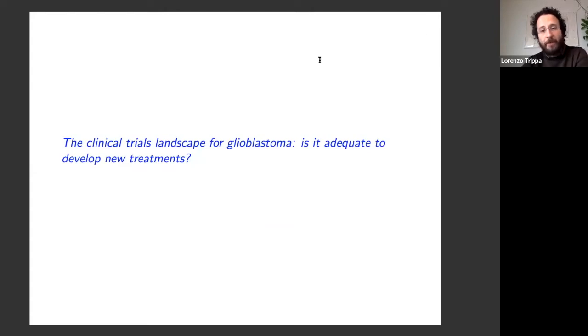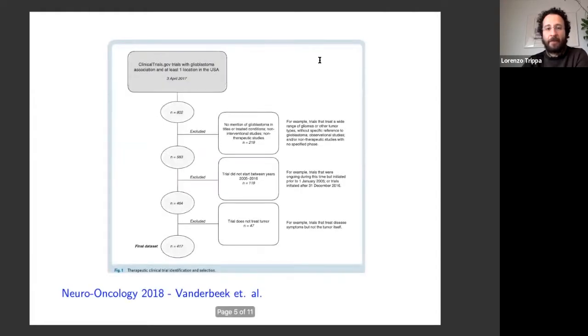As I was saying, we try as much as possible to build on previous experience and previous data sets. For us, it was quite relevant, this meta-analysis that we published in Neuro-Oncology a few years ago. Here we got data summaries on over 400 studies. And what we realized was that a large proportion of patients in glioblastoma were allocated to single-arm studies.